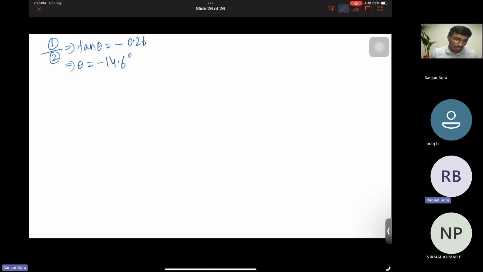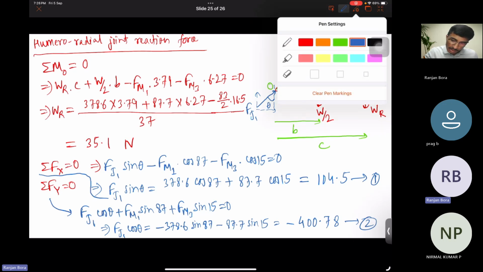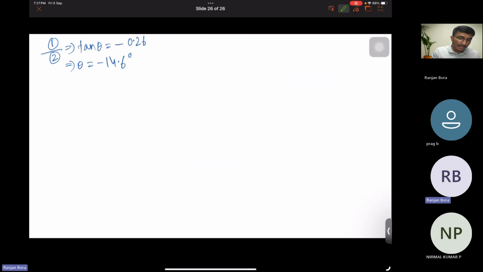So it means our assumption was not correct. We assumed that FJ1 will act at this theta, and theta is coming negative. So it will be something like this. Theta will be in this direction, and FJ1 will act along this direction. So theta is coming 14.6.